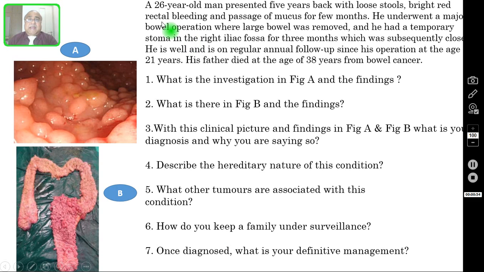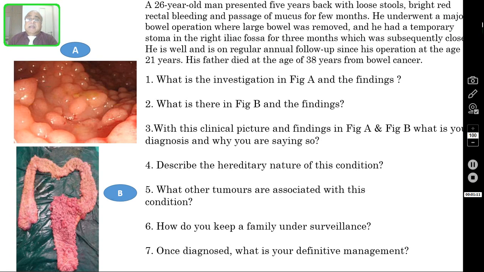So our patient is a 26-year-old man who presented 5 years ago with loose stools, bright red blood rectal bleeding and passage of mucus for a few months duration.